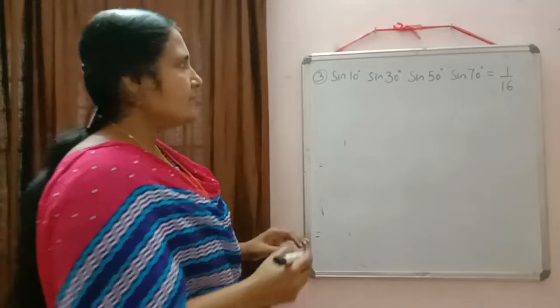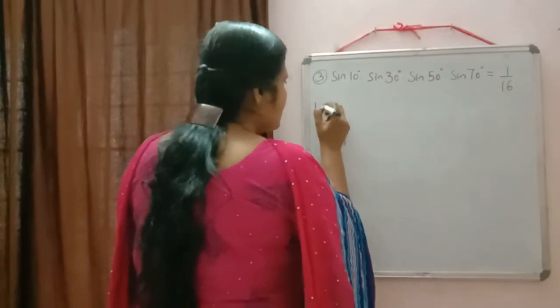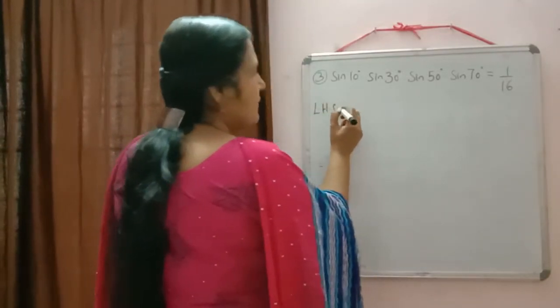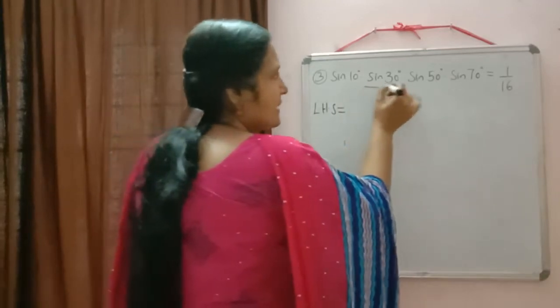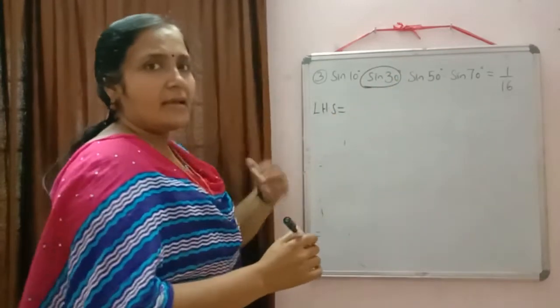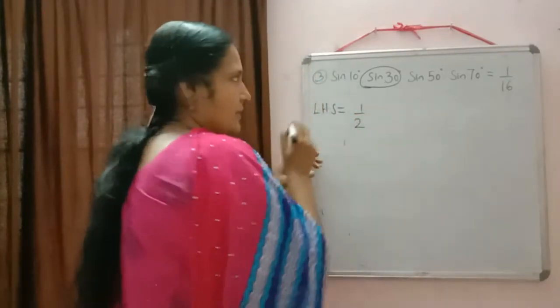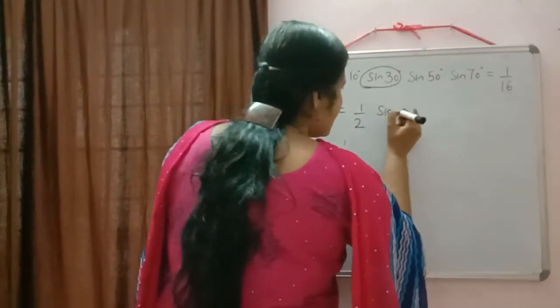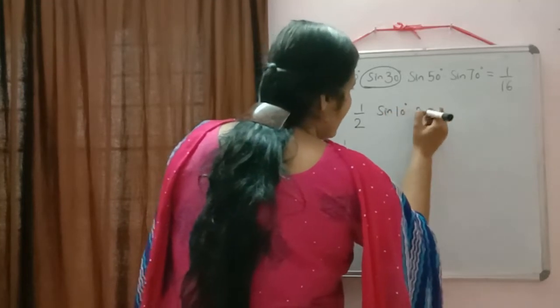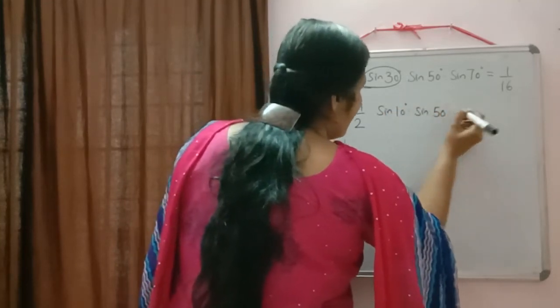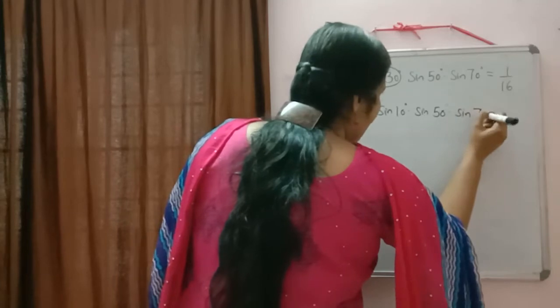So in the left hand side, just check any value which you already know. Yes, we know the value of sine 30 degree. What is sine 30 degree? 1 by 2. So that 1 by 2 we will write first only. Now the remaining is sine 10 degree into sine 50 degree into sine 70 degree.